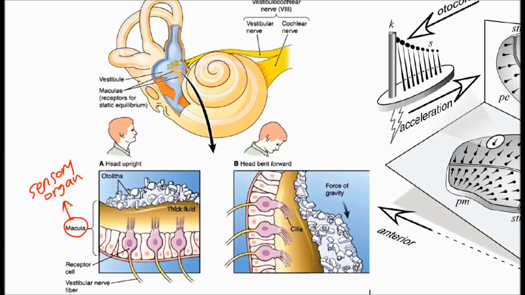So this is similar to the crista ampullaris in the semicircular canal. So macula contains hair cells and supporting cells, as you can see here. And similar to the cupula, a gelatinous mass also sits on top of the macula for utricle and also saccule. Let's just label that as gel-like substance.